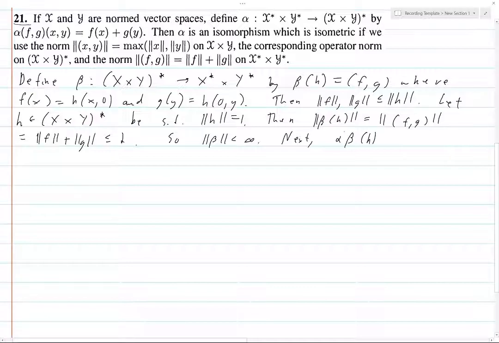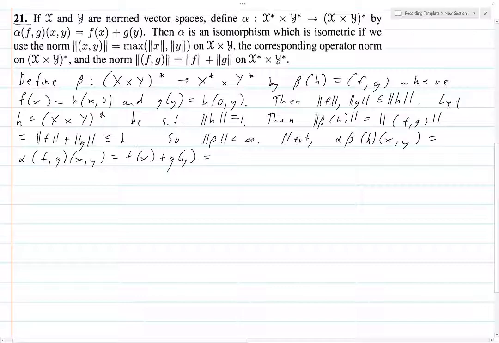So the (f, g) pair is going to be given by beta h. And then this of (x, y) is equal to alpha of (f(x), g(y)), and that's equal to f(x) plus g(y).